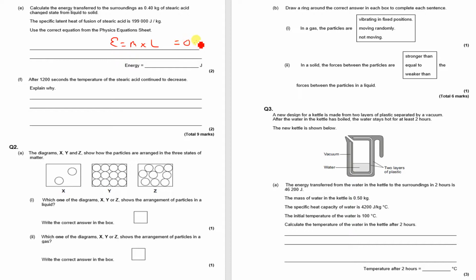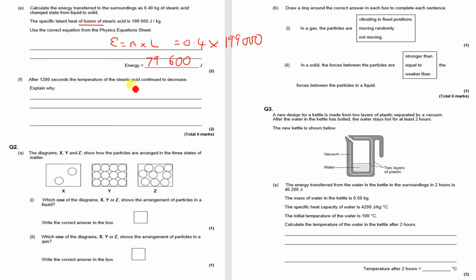So our mass is 0.4 kilograms, and our latent heat, particularly this time of fusion. Now remember, fusion is when it turns from a liquid to a solid or a solid to a liquid, so that is the latent heat of fusion. So we're going to multiply that by 199,000, and that will give us 79,600.